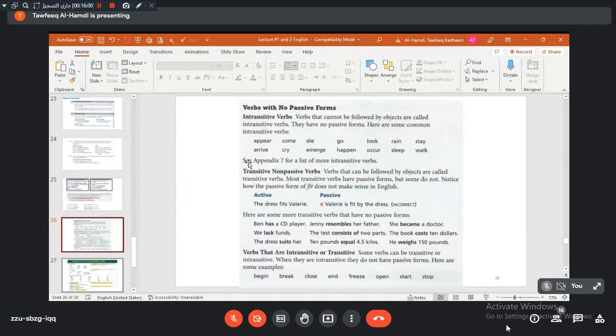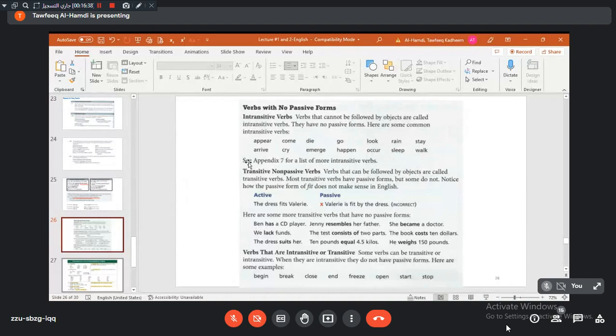For example, the dress fit Varelli. Varelli is fit by the dress, which is incorrect here. So, for example, the verb fit, we can't use it in the passive form.